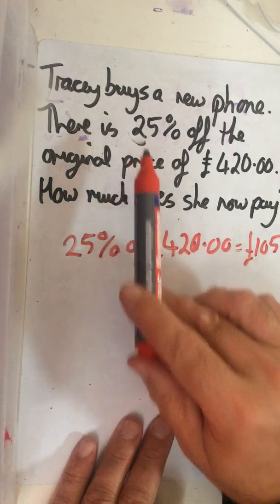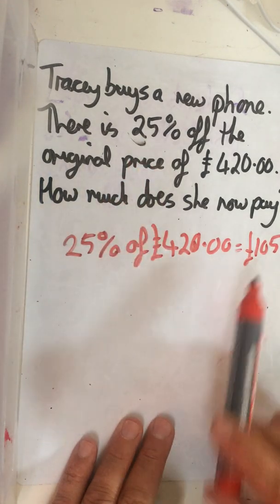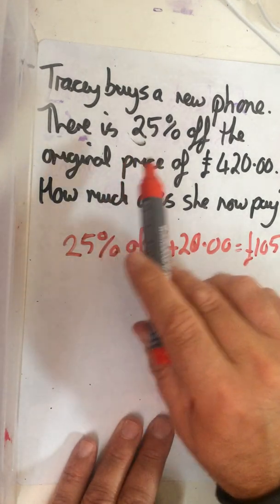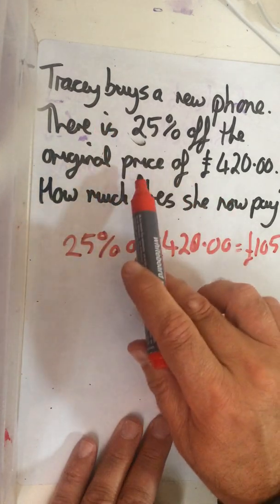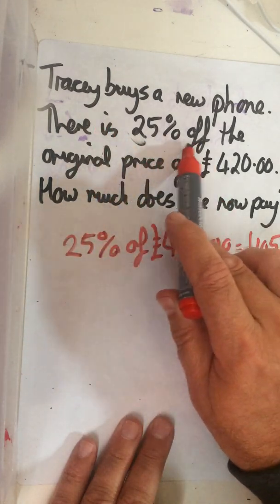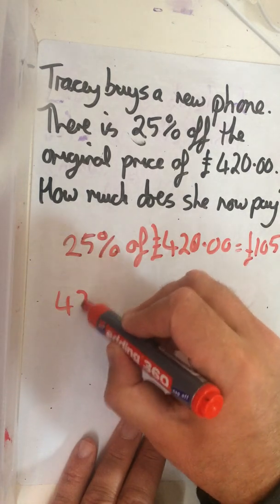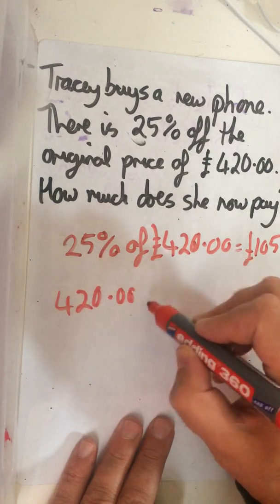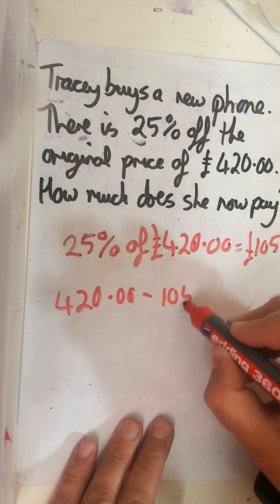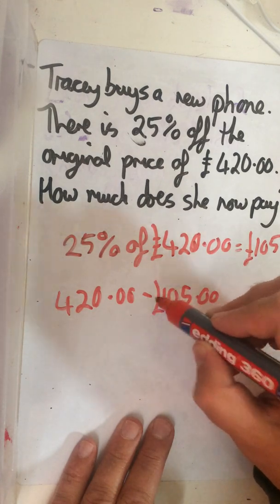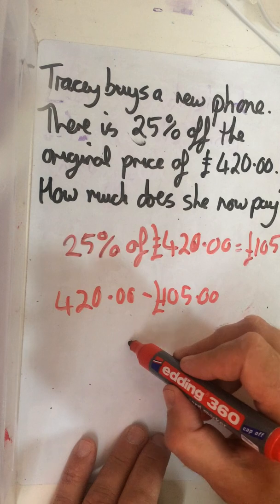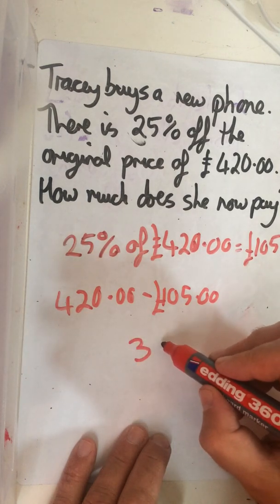Now I have to decide, do I take that away or add it on? Obviously the original price is 25% off, so I'm going to decrease it, isn't it? So it's £420 minus the £105, and that should give me, if I can work that out quickly in my head, £315.